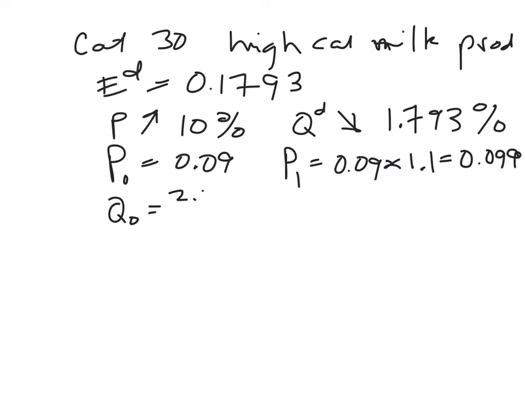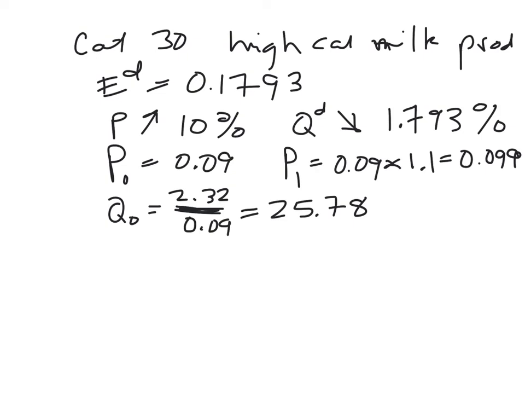Consumers spent $2.32 of their $100 representative basket on high-calorie milk products, the price of each 100-gram unit of the high-calorie milk products was 0.09. So if I take total expenditure and divide it by the price per unit, I get quantity. My initial quantity by that calculation is 25.78 100-gram units of high-calorie milk products.